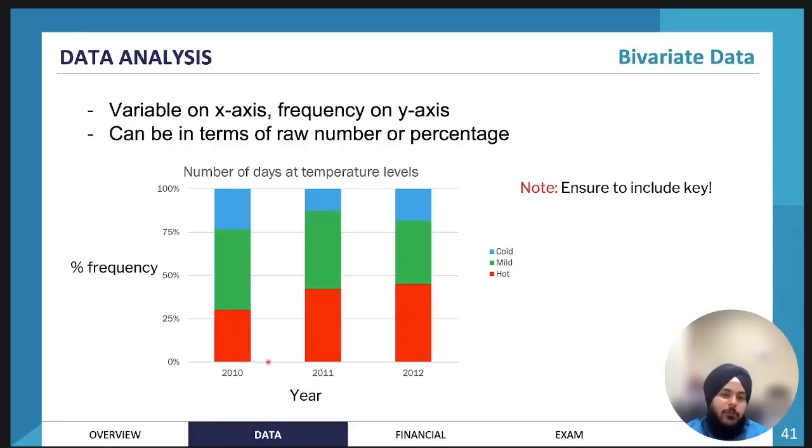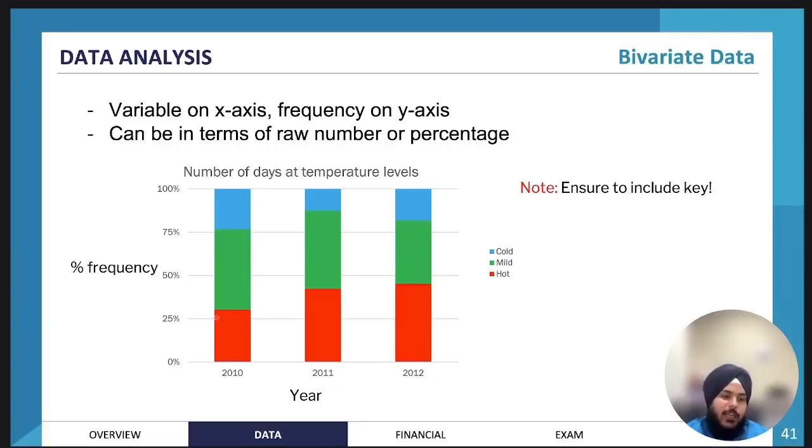So for example, if we're looking at cold, mild, and hot temperature levels on the number of days in 2010, 2011, and 2012, it's actually being split here. So although we're recording frequencies, the frequencies have been split in every year.